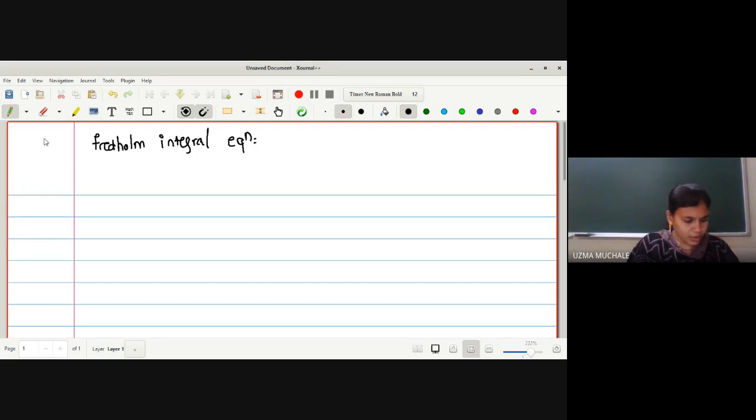Now first we are going to see the Fredholm integral equation of the second kind with a separable kernel. Before going to that, first we will see what a separable kernel is.